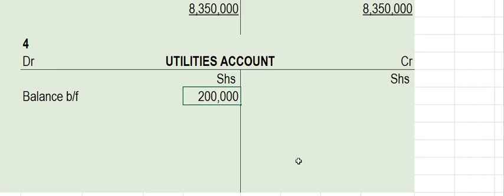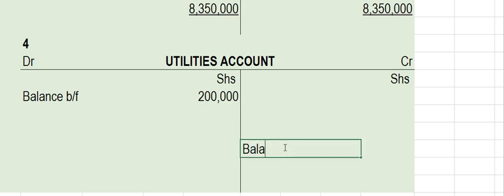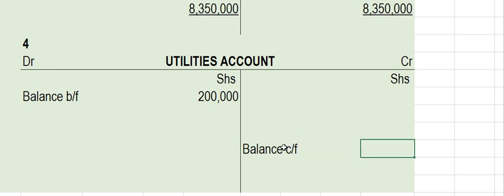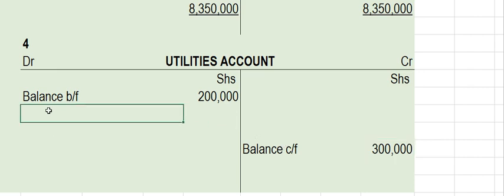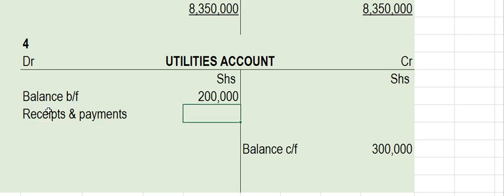Then the balance carried forward, I'll put it on the opposite side, that is 300,000. During the year, from the receipts and payments account, we see that the club paid 1,450,000 for utilities.